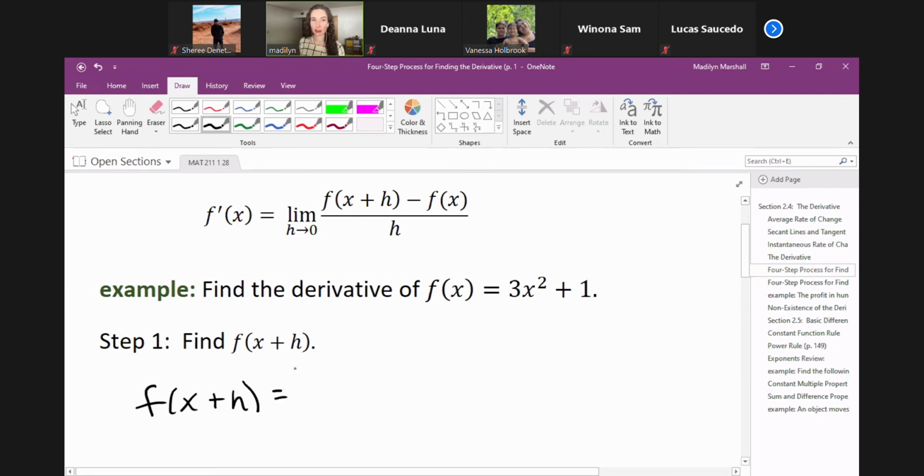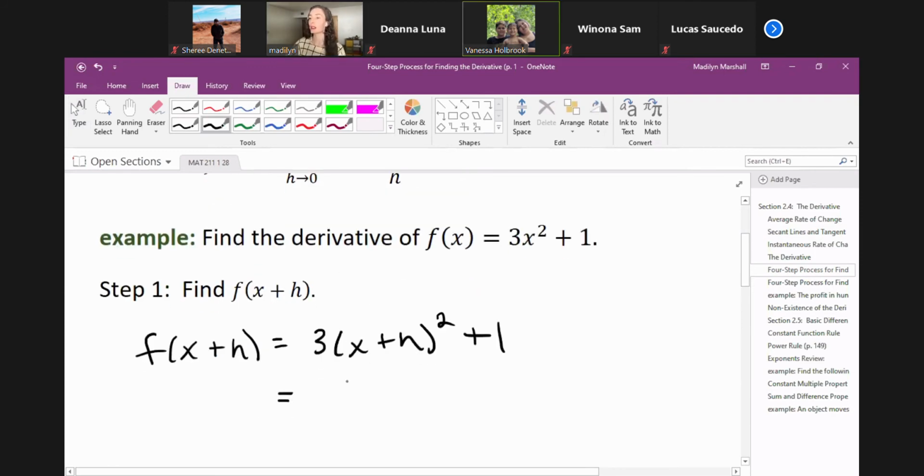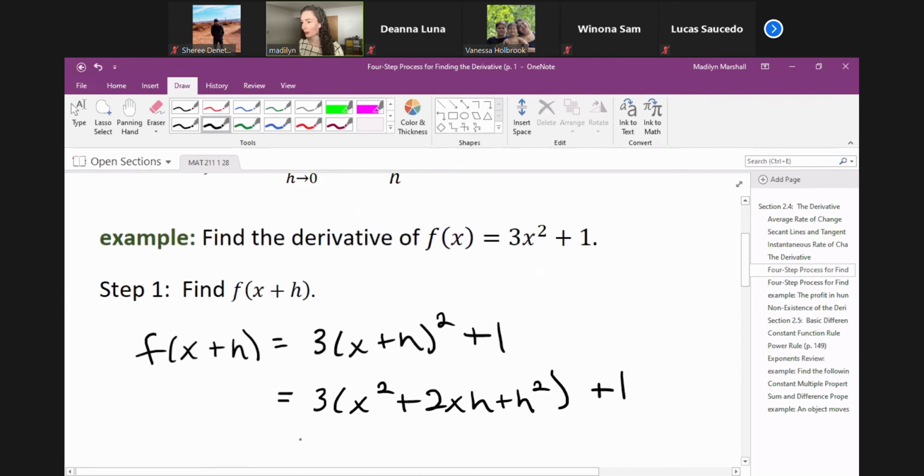This is something similar to what you did in the review assignment, just to practice plugging things into functions. We do want to multiply this out and simplify it, so be really careful to FOIL out that x plus h squared, and then we'll distribute the 3. So this is our f of x plus h.